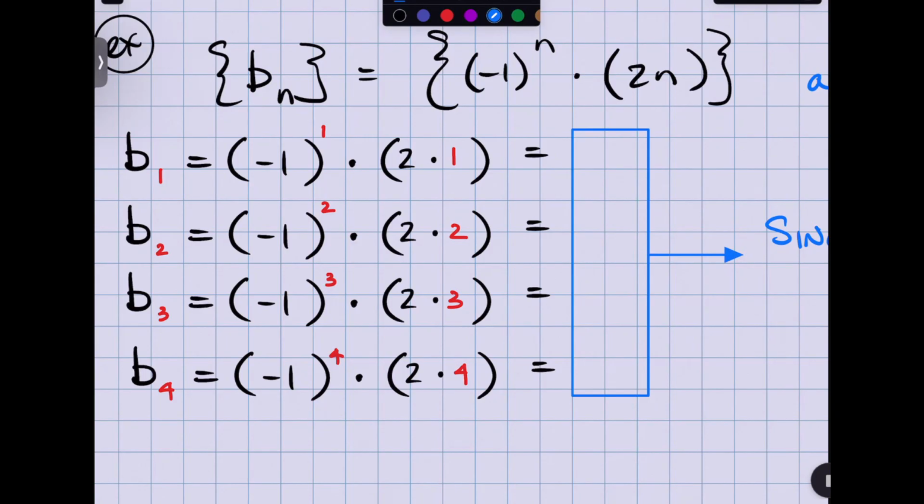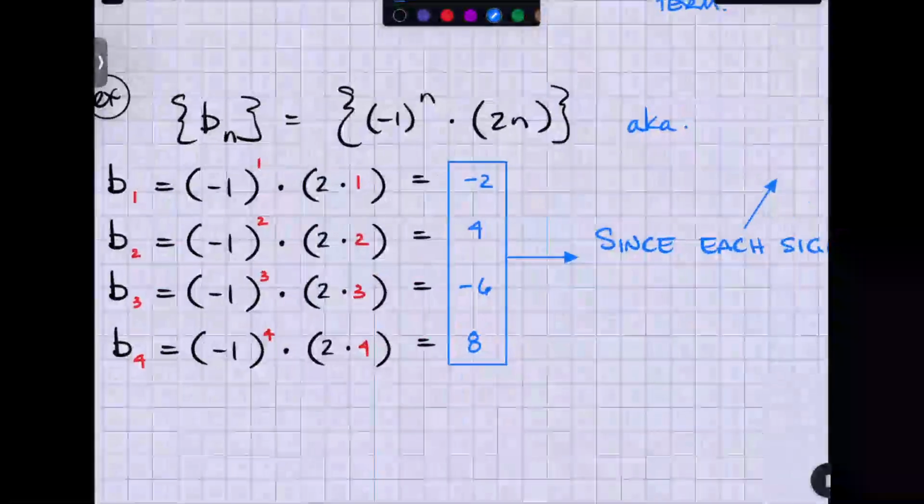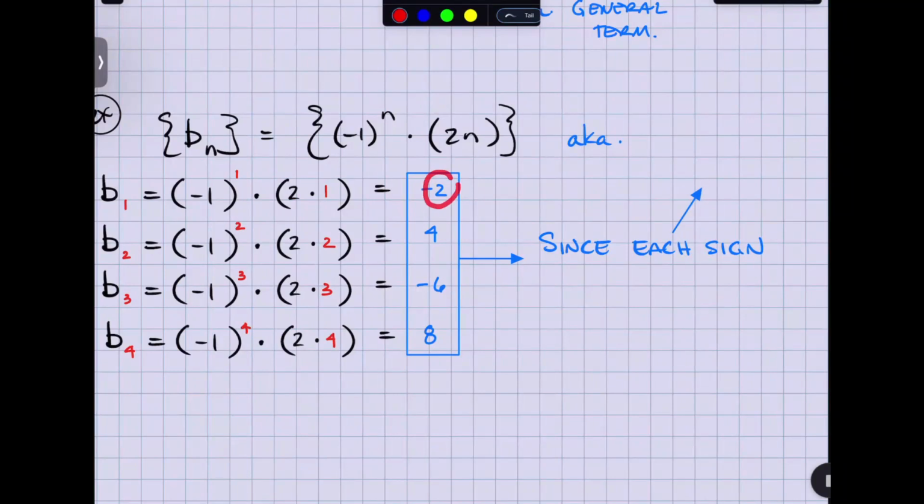Please don't break your brain. Negative 1 to the first power times 2 is... negative 1 squared times 4 is... negative 1 to the third times 6 is... negative 1 to the fourth times 8 is... So what do you notice about the sign as we go from one term to the other?